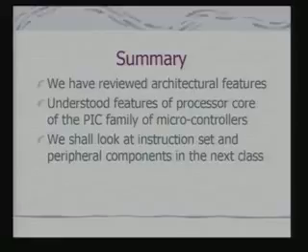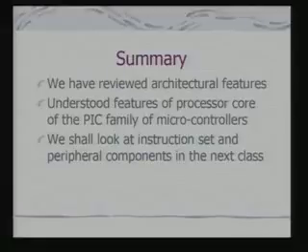I am not talking about the complete PIC microcontroller, obviously, because I have not yet looked at the peripherals and the I/O ports. What I have looked at so far is the core processor, the CPU, its registers, how the program memory is organized, how the data memory is organized, and how instruction pipelining is implemented in PIC.